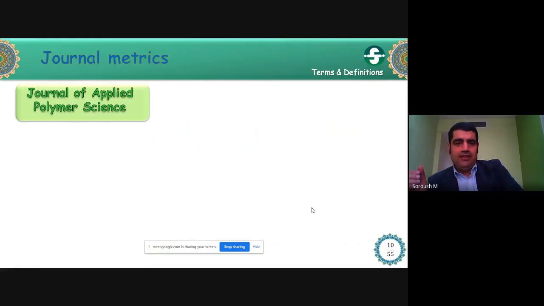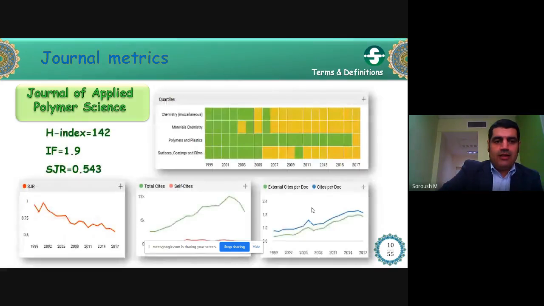On the other hand, another journal here is the Journal of Applied Polymer Science, for example. We can see that the H index, IF, and SJR factors are not comparable with those of Nature. And obviously, the SJR factor follows a very obvious descending trend and takes the value of 0.5, starting from 20 years ago, when it was at a level of 1.